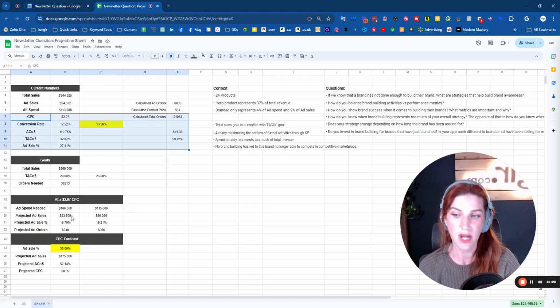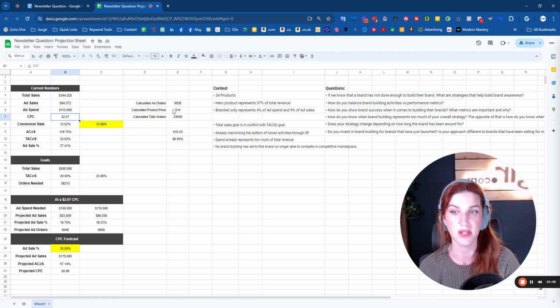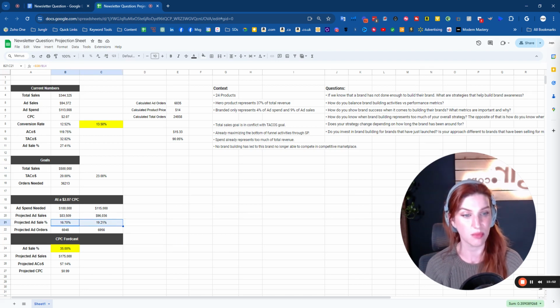Providing this is the conversion rate, this is the cost per click, this is the product price, if I want to make these numbers work at this ad spend, I'm going to end up with an ad sale percentage of 16.7%.